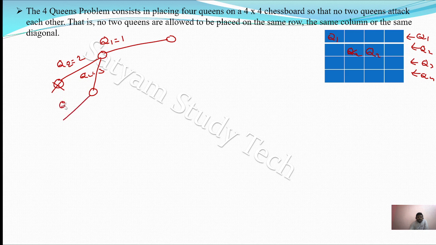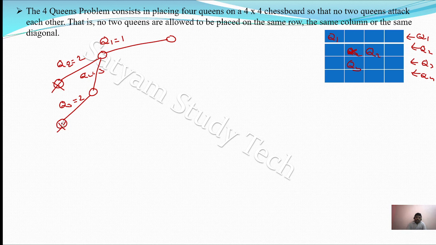Now we can see Q3. For example, here Q3 is not placed in this case because of the same column. Here also you cannot, because Q2 is there. So Q3 is placed in the second column, but here there is a diagonal attack.